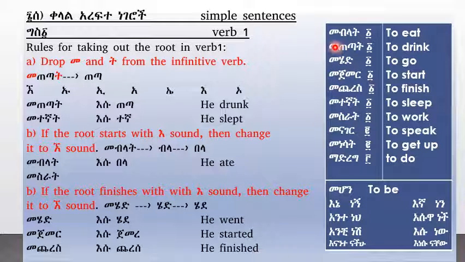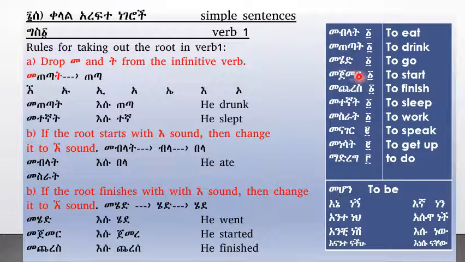Otherwise, all of them start with ma and end with t. If they don't end with t, then they end with the sixth vowel, e.